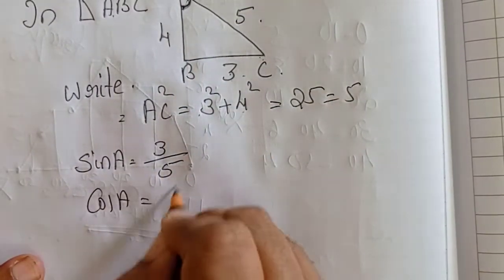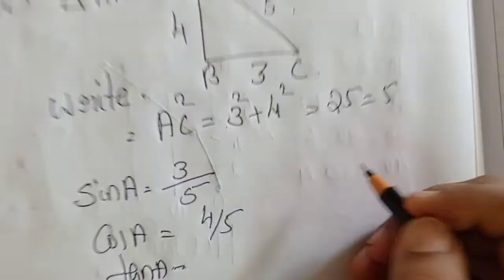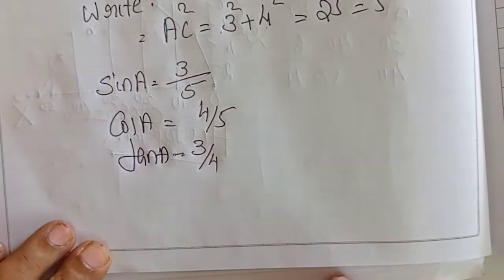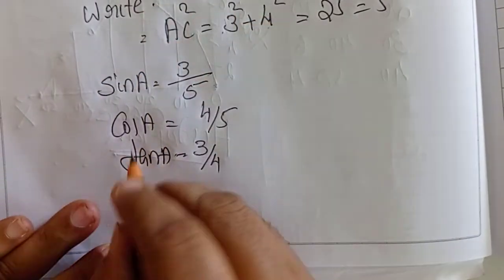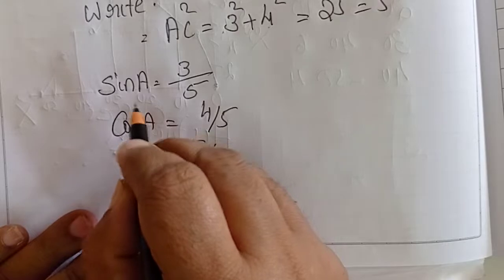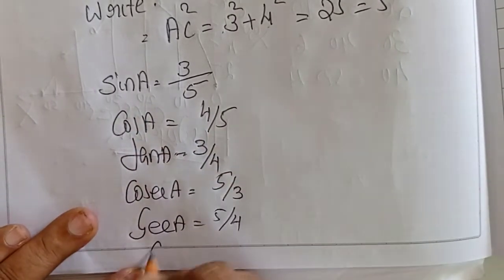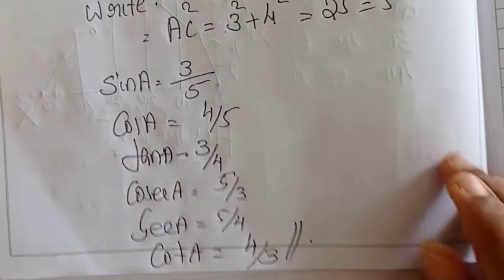Cos A means 4 by 5. Tan A means opposite by adjacent, 3 by 4. If these 3 are correct, then you can write cosec A is equal to 5 by 3. Look at the board. And sec A is equal to 5 by 4. And cot A is equal to 4 by 3. Okay.